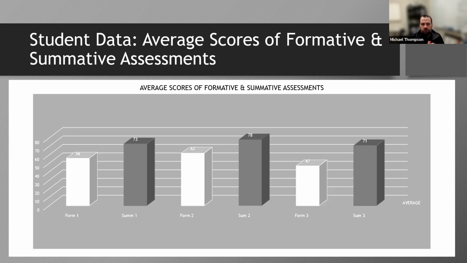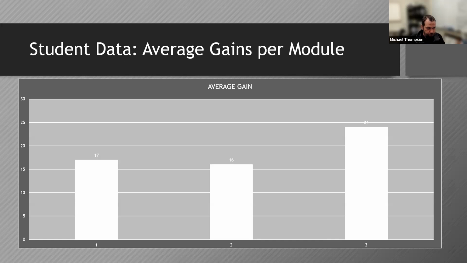So we would have them come in before we started a module and take an hour to do a formative, and then we'd work through the modules, and then they'd have to come in and take the summative. So that's how we gathered this data. Those are our average gains in percentage points for the modules.